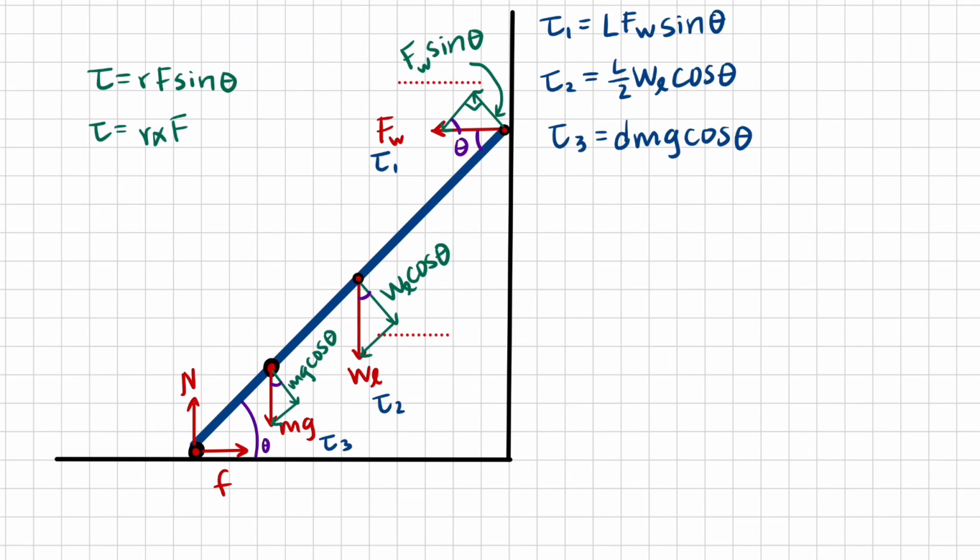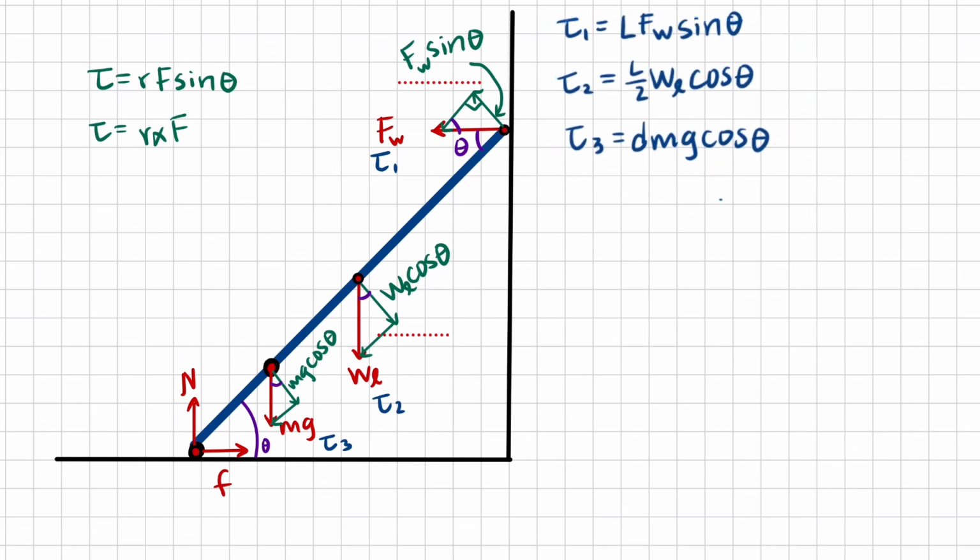Now, let's see as far as direction goes. This would cause a counterclockwise torque, so that would be positive. These two would cause a clockwise rotation, so these two are negative.